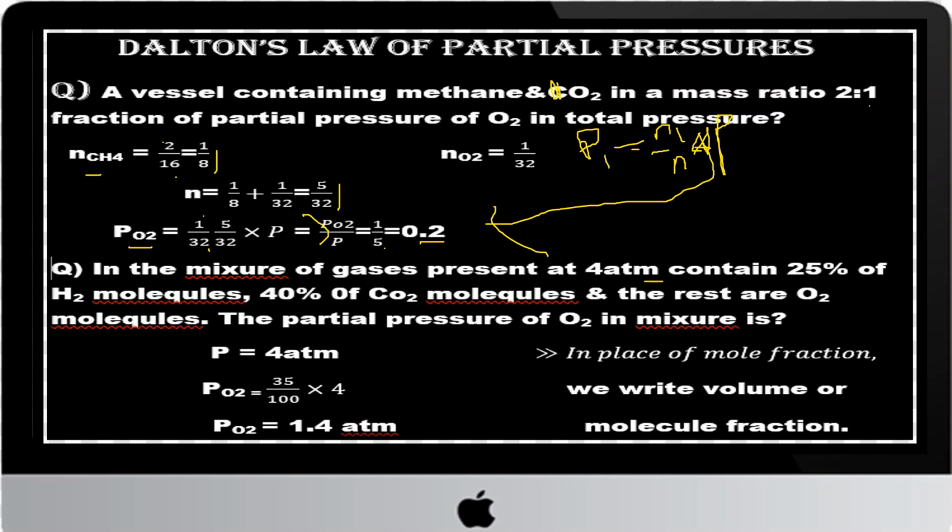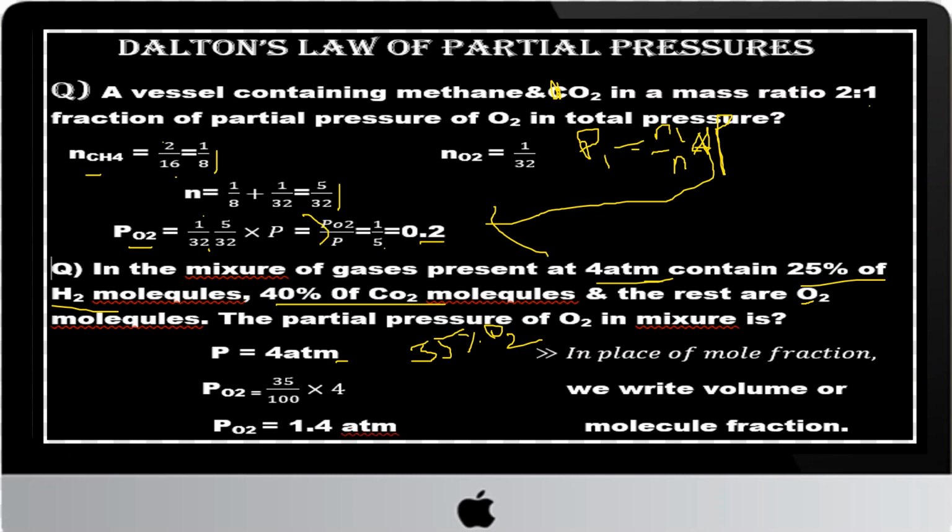Next question. A mixture of gases present at 4 atmosphere contains 25% hydrogen molecules, 40% carbon dioxide molecules, and the rest are oxygen molecules. The partial pressure of oxygen in the mixture is? Here they have given percentages: 25% of hydrogen, 40% of carbon dioxide, and the rest are oxygen. Out of 100 minus 65, we get 35% oxygen. And they have given a total pressure of 4 atmosphere.